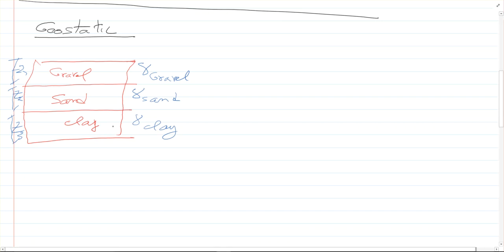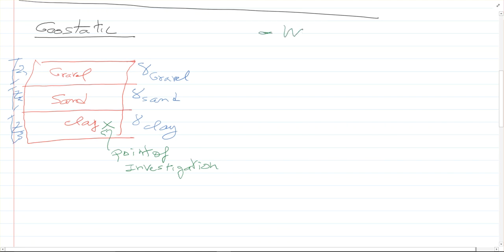So it says we've got a point of interest, say x, at a certain depth within the clay layer. Usually it's the midpoint of the clay layer, so Z3/2. We would call this the point of interest or the point of investigation. So the question goes like this.